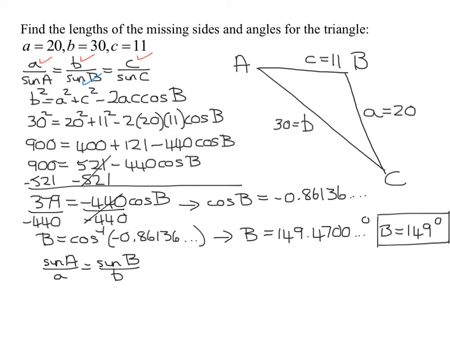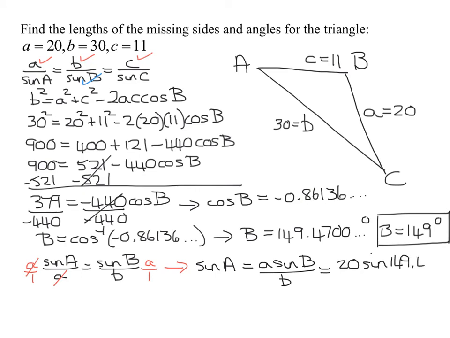And since I'm trying to find the sine of A to start with before I can find angle A, I'm going to multiply both sides by A over 1. And so that gives me that the sine of A is equal to A sine B over B. And side A was 20 times the sine of angle B, I'm going to use 149.47000 degrees, over side B, which is 30.